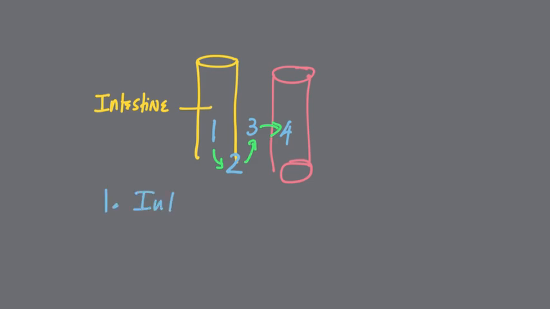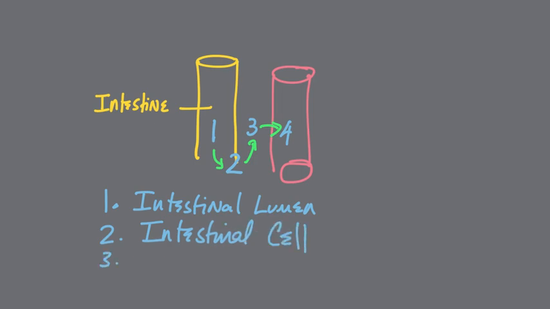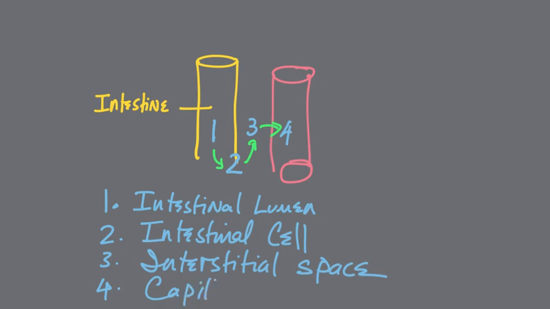Molecules must move from the intestinal lumen, which is 1, to the intestinal cell, must enter the intestinal cell, and then leave the intestinal cell and enter the interstitial fluid or space. From the interstitial space, the molecules must enter the capillary, which is a fenestrated capillary.